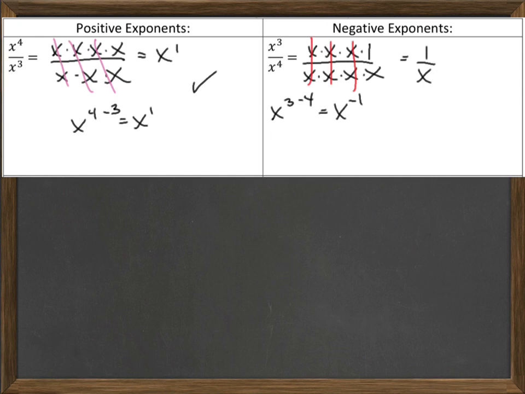So let's just pause here and reflect on the fact that this and this are actually different, right? 1 over x is not exactly the same as x to the negative 1st power. So, heads up. In all of these problems, the directions, which I don't have printed here, you just have to believe me, are always going to ask you to write your final answer using only positive exponents.